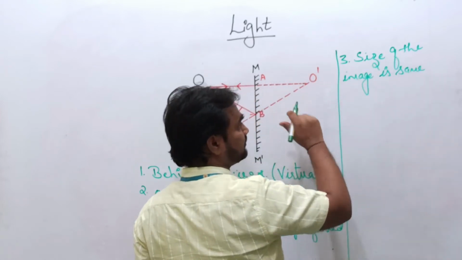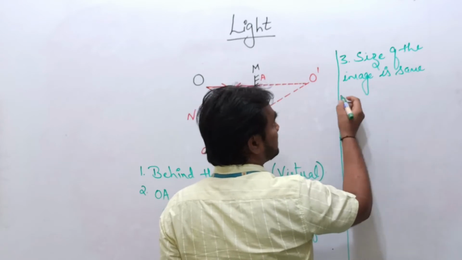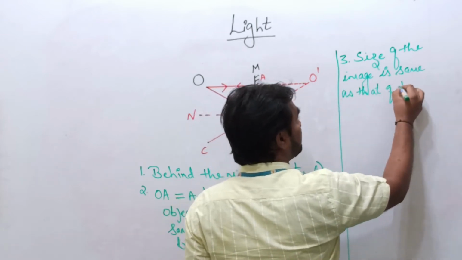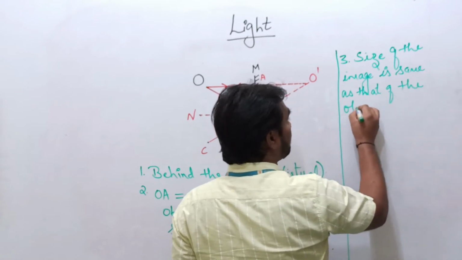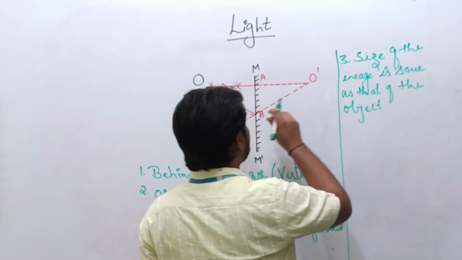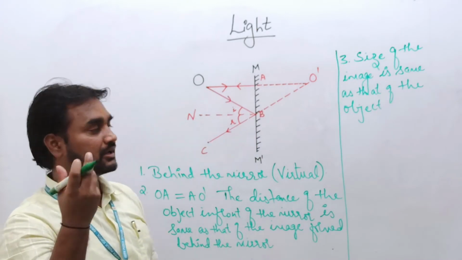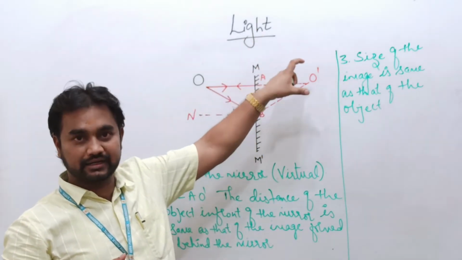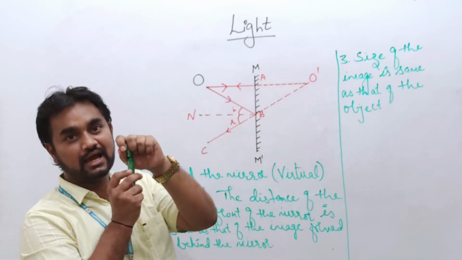Size means height of the image. So the height of the image is the same as that of the object. Here, as we have taken a point, you can say diameter. Here the size means the dimension, the diameter or the height. If you are taking this marker, then you will say height of the object.